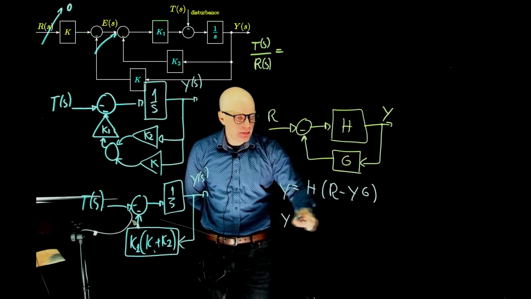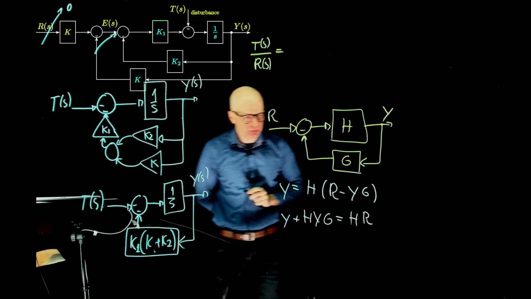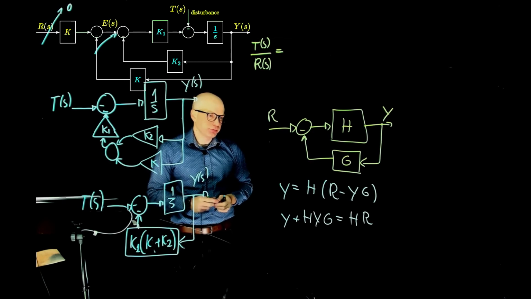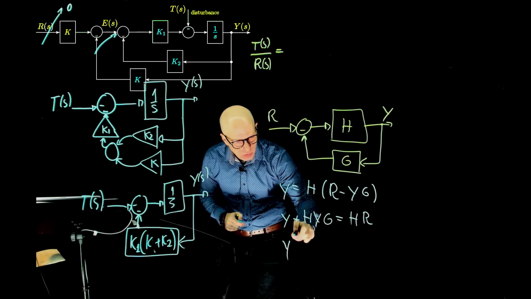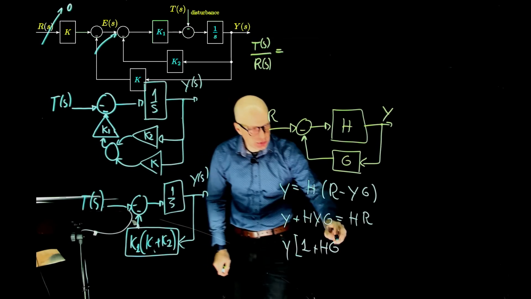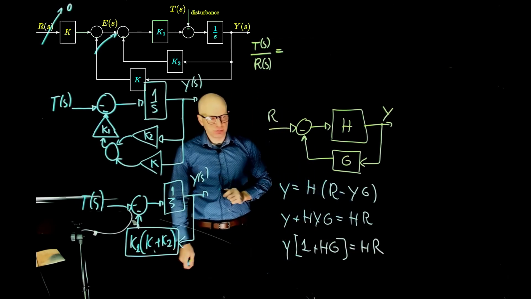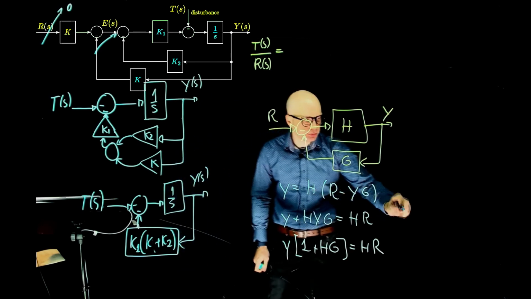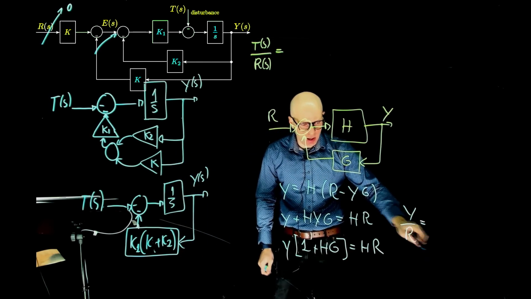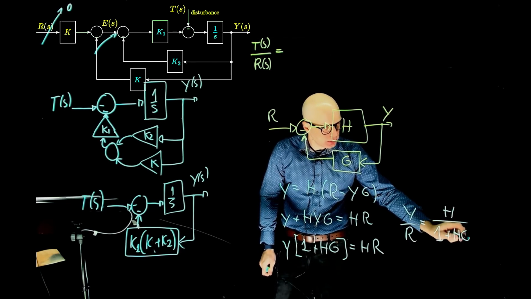Y plus HYG equals HR. Y times 1 plus GH equals HR. And now we have Y over R as H divided by 1 plus HG.